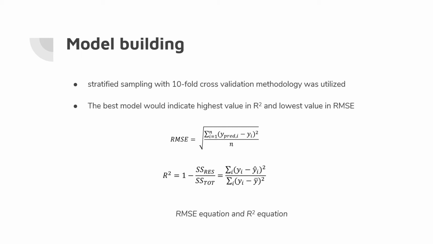The final accuracy was calculated based on the average accuracy from all of the sampling from the 10 equally divided datasets. And then we have the R-squared, which is the sum of regression squares divided by the sum of total squares, and the final value is deducted from 1.